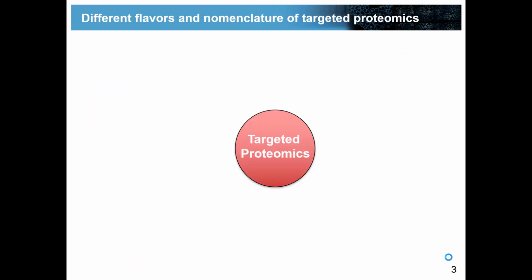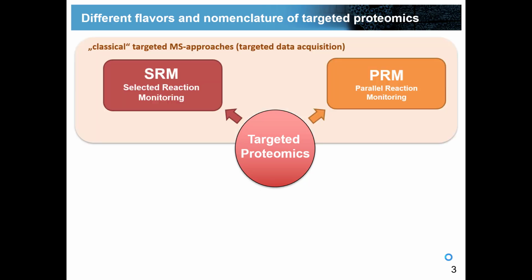Okay, so I told you, for me, targeted proteomics is an umbrella term, so there are various different techniques that fall under this umbrella term. And the 2 classical approaches that people use as targeted proteomic approaches are SRM, selected reaction monitoring, and PRM, parallel reaction monitoring. What's special about these 2 data acquisition techniques is that here the data acquisition itself is already done in a targeted way.